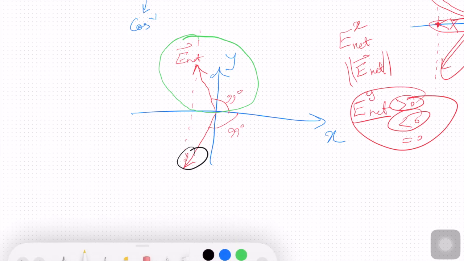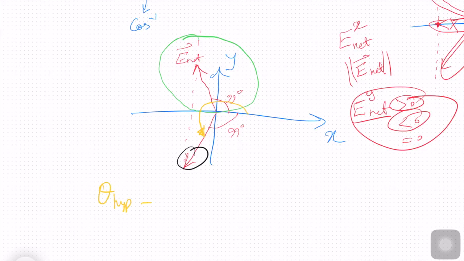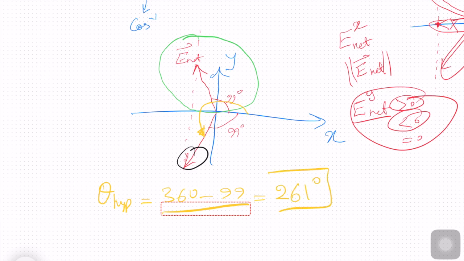So you have to start your angle from this side, like that, which means that that angle in this hypothetical situation is actually 360 minus 99 degrees. So your angle with the positive x-axis is actually 261 degrees, not 99.